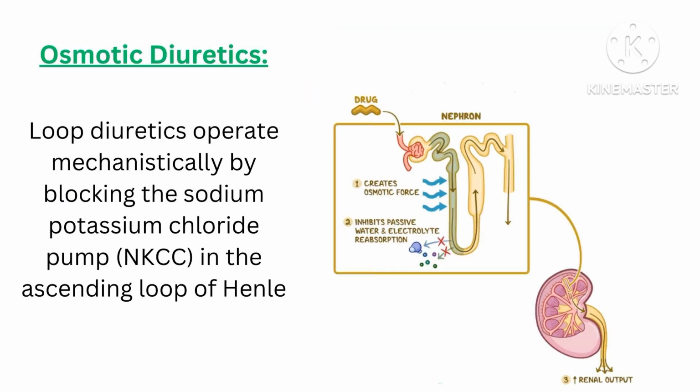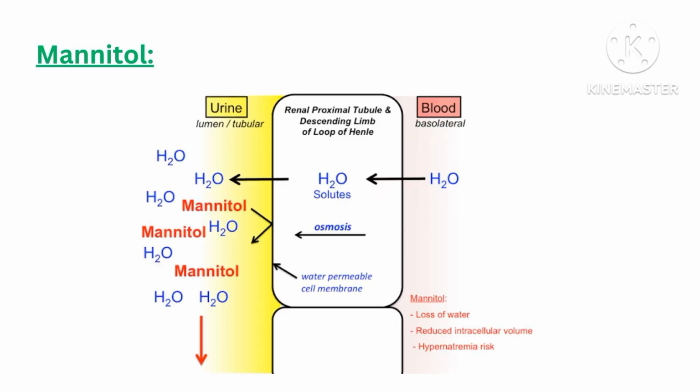Diuretics. The principles of osmoregulation apply nicely to explain the physiological effects of many diuretics. For instance, loop diuretics operate mechanistically by blocking the sodium-potassium-chloride pump, NKCC, in the ascending loop of Henle. This blockade prevents reabsorption of sodium back into the blood, and by osmotic pressure leads to increased water loss through the urine as well.